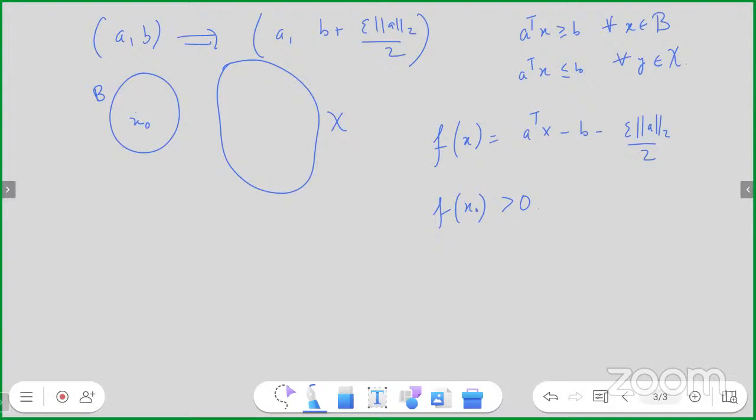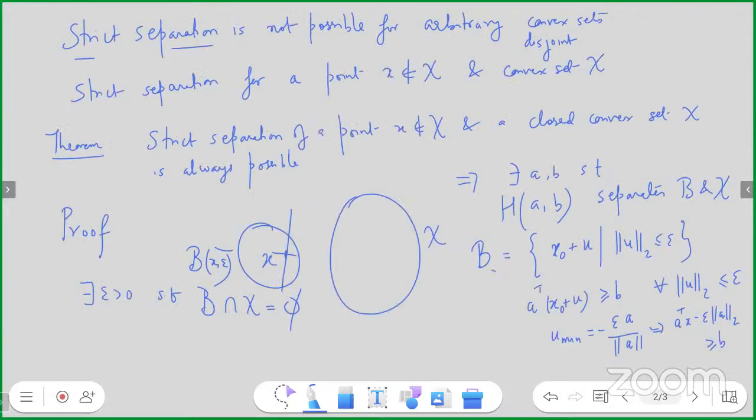The last equation is completely revealing. It's exactly doing that. A transpose x0 plus this. So just use this, that's what you got by our choice. So this is greater than plus epsilon, so it's strictly greater than epsilon by 2. This is by choice of what we are doing.